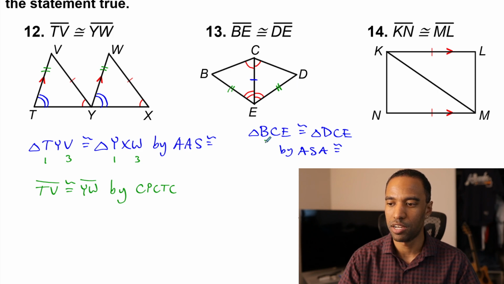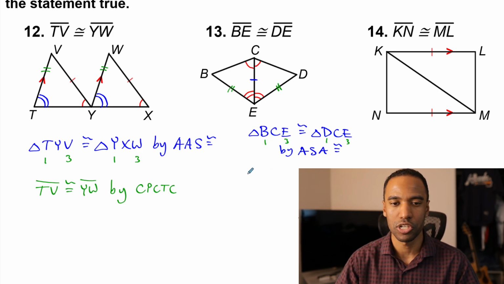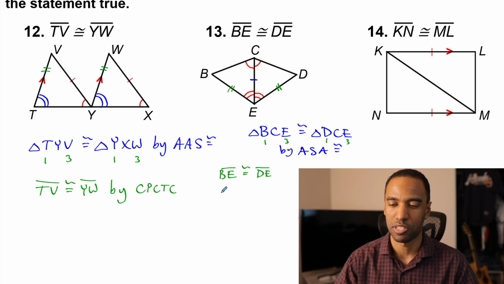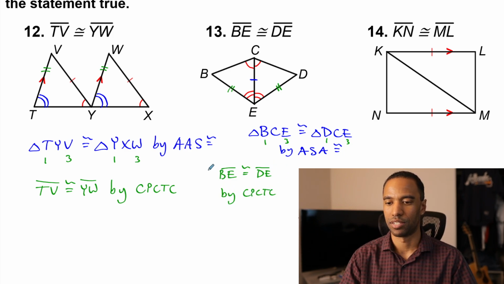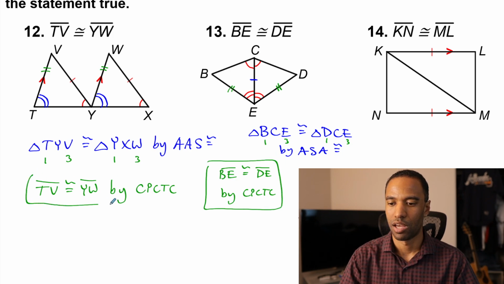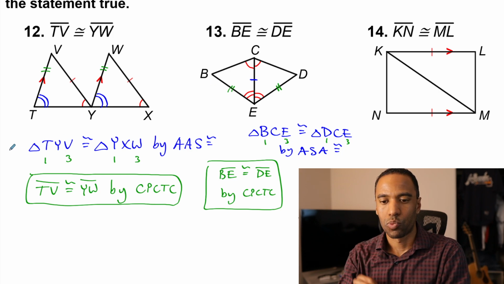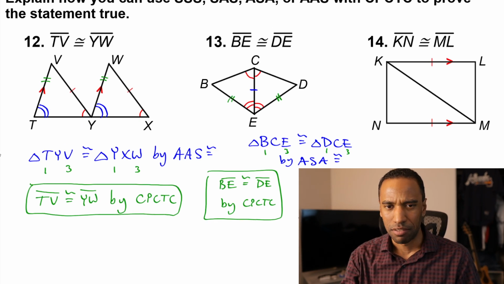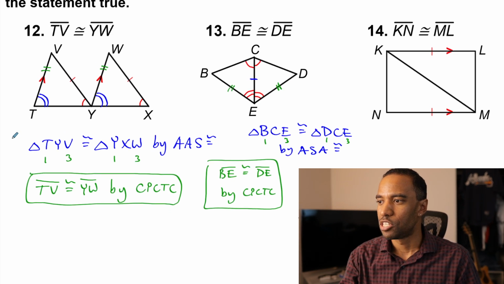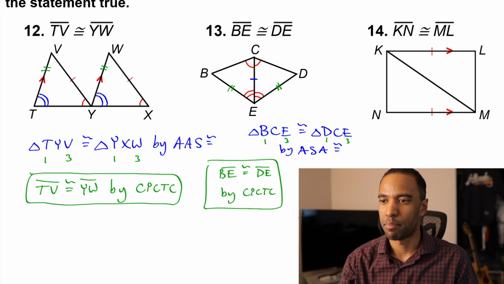Do these parts correspond? BE, DE. First and third letters each? Yep. Segment BE is indeed congruent to segment DE by CPCTC. Corresponding parts of congruent triangles are congruent. Awesome. Last one of the CPCTC bunch, I believe. Yes, it is. Segment KN congruent to segment NL.